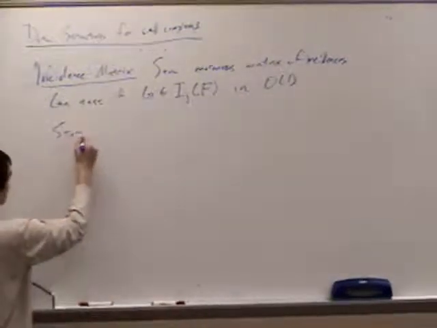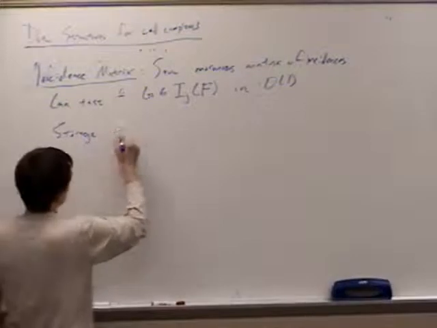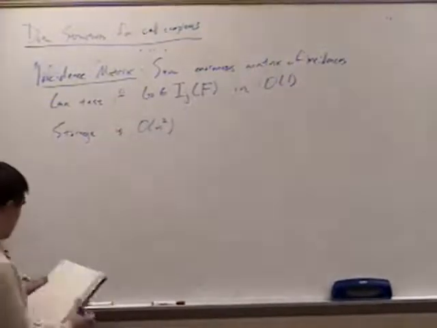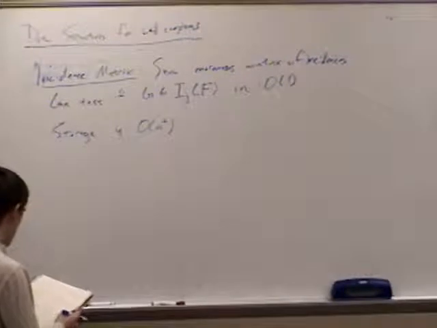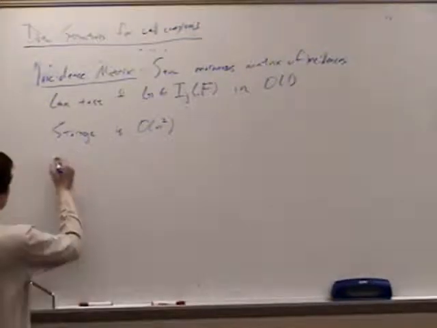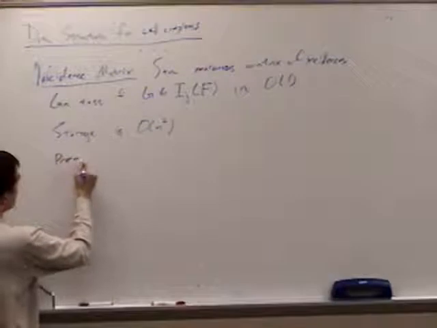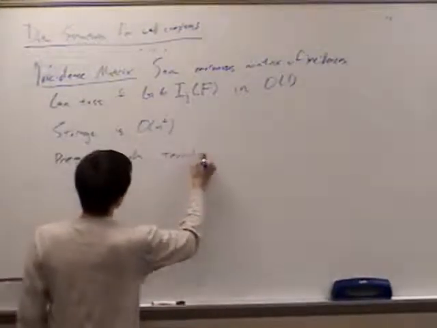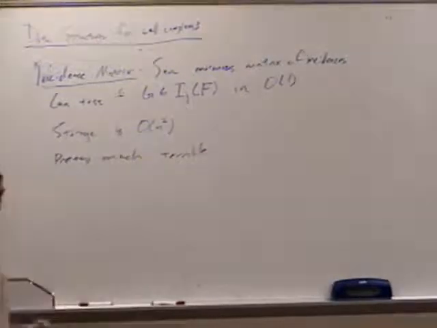So the storage is going to be quadratic, which is really bad. And updates are really just not going to work. So this is pretty much terrible. So n is just the number of cells in the cell complex.